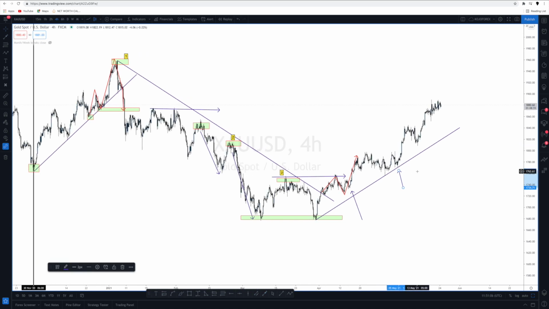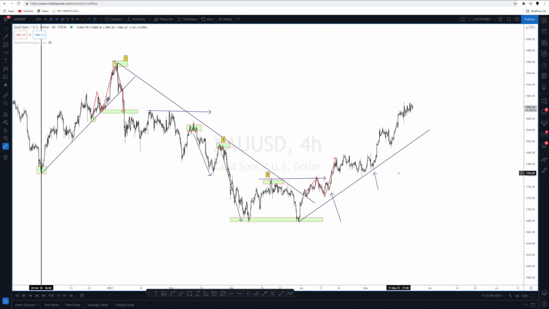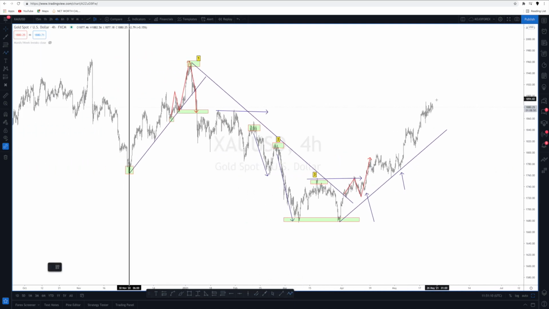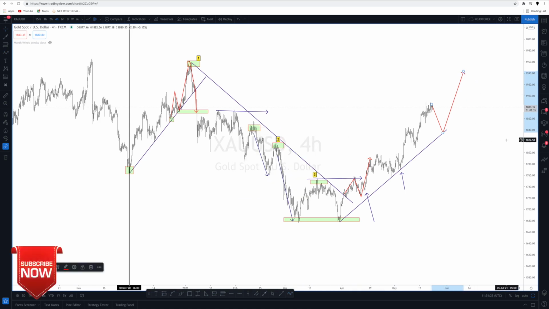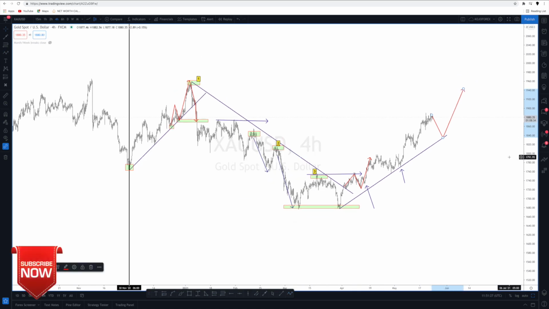So currently we are waiting for this market to come back as a retracement, tap into this trend line, and if it definitely has the momentum to push up, we'll see this market continuously push on the upside, right? So if you're trading, you must understand that the utmost responsibility of any good swing trader is to be able to trade in the direction of the market.